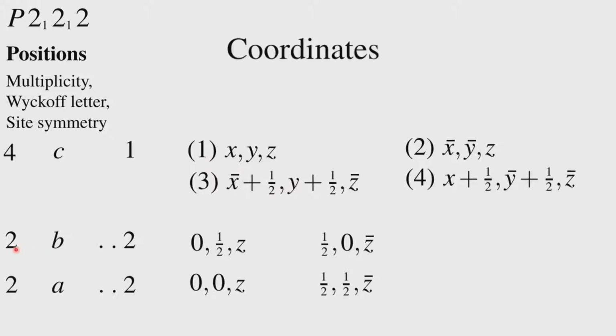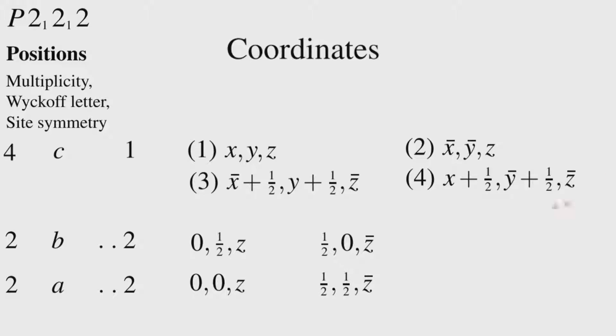So, we get the special positions and 2 equivalent points in this and 4 equivalent points there. So, the 4 equivalent points generate x y z, x bar y bar z, that is the two-fold operation. You see the two-fold operation is restricted to the z direction, and then the 2 unscrew operation takes it to x bar plus half, y plus half and z bar, that is the 2 unscrew operation about the y, and the half adds up because the screw axis operation is associated with the two-fold being associated with 0 0 0, otherwise we will not have had this equivalent.